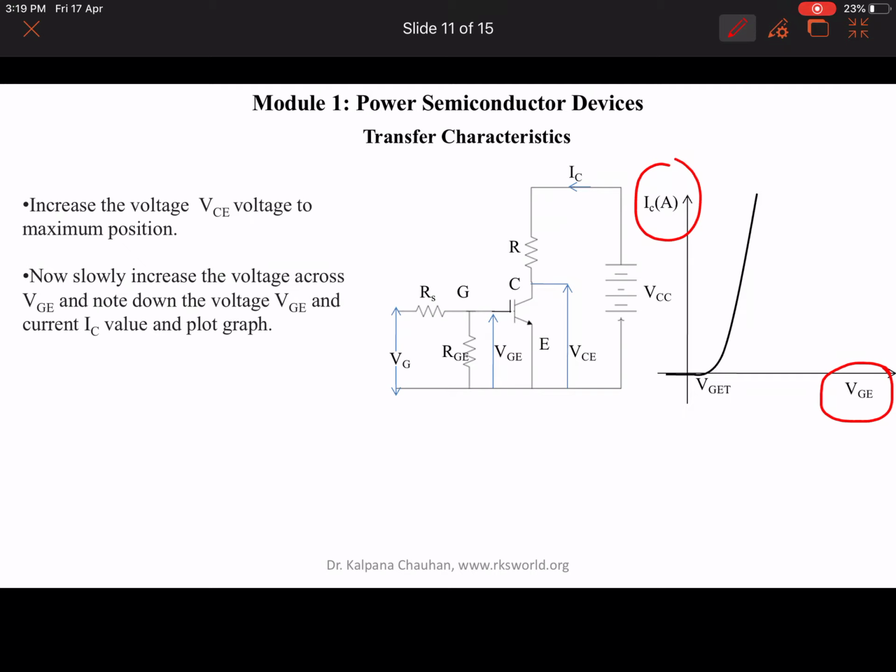To find the transfer characteristics, we have to increase the voltage VCE, the collector to emitter voltage, to its maximum position. Now we slowly increase the voltage VGE, and then we note down the voltage VCE and current IC values, and then we plot this graph.